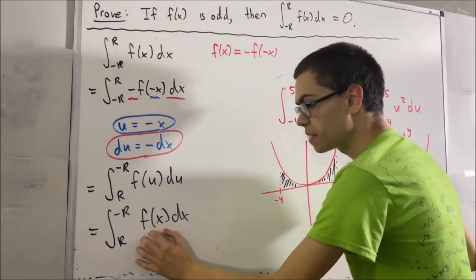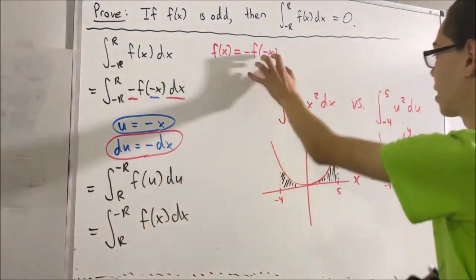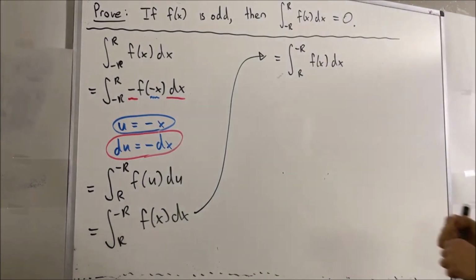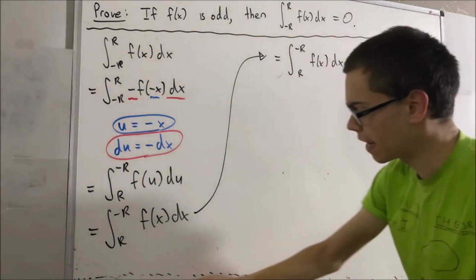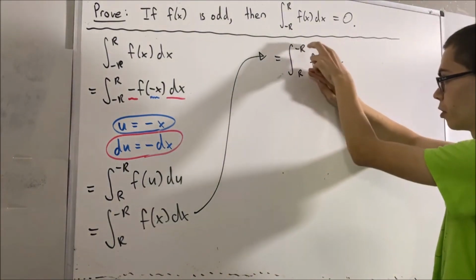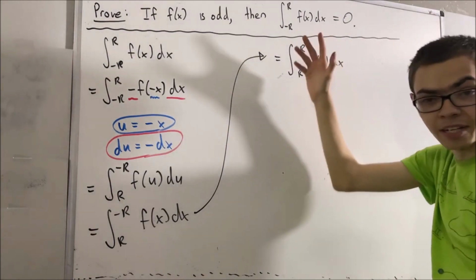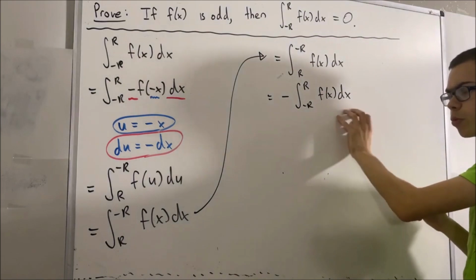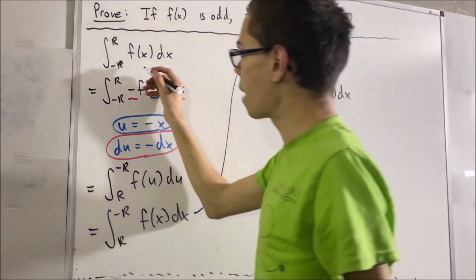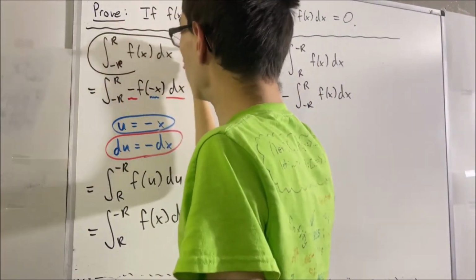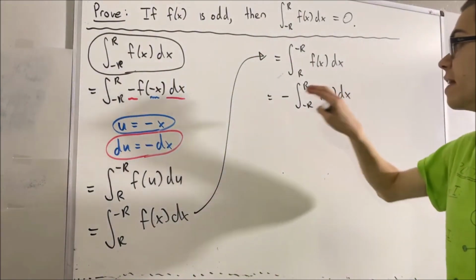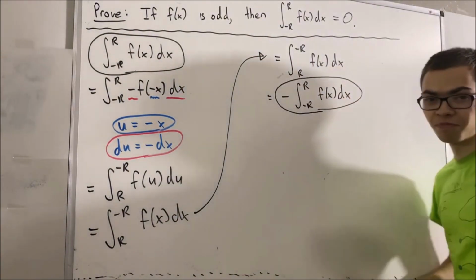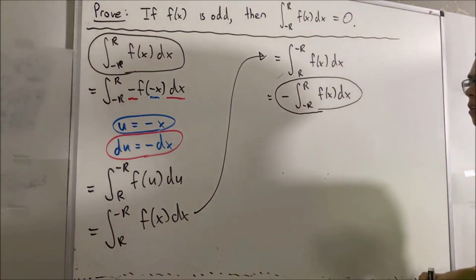So now that we have this, what we're going to do is we're going to move back up here. Another property of definite integrals is that if we swap the bounds of integration, it negates the integral. As a result, this is what we get. But notice what we have discovered is that our original integral is equal to the negative of itself. Right?